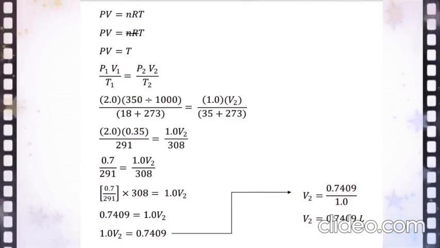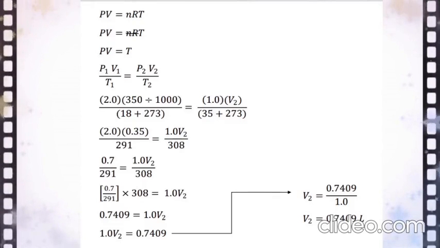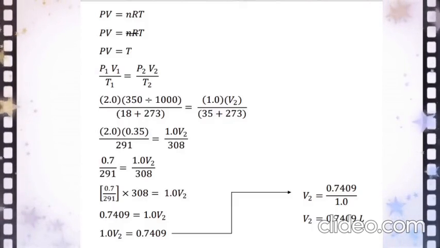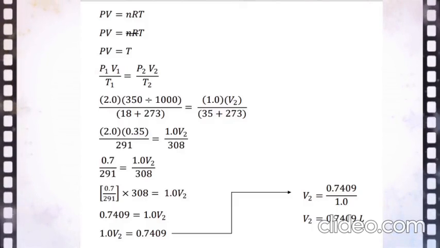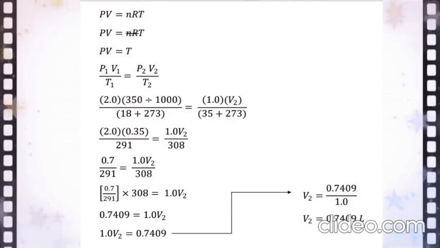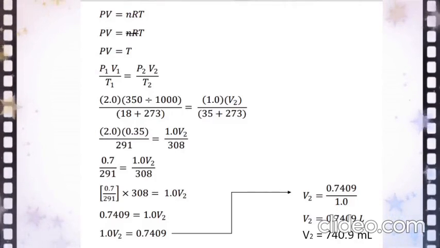So the final value for V2 is 0.7409 liter. Even though the question did not mention it, the value for V2 can also be calculated in milliliter, which is V2 equals 740.9 milliliter.